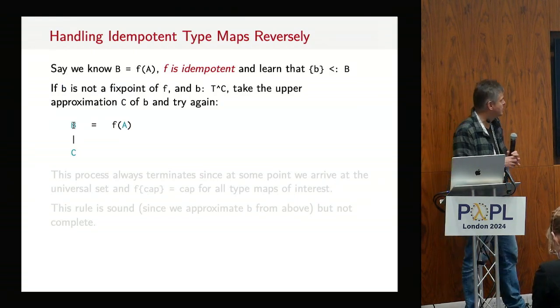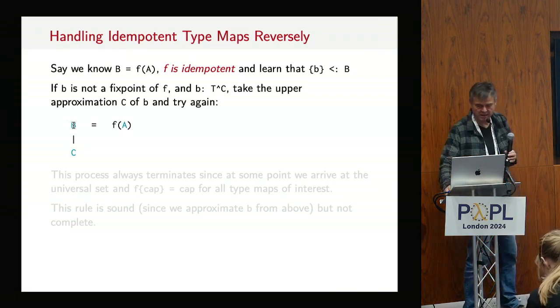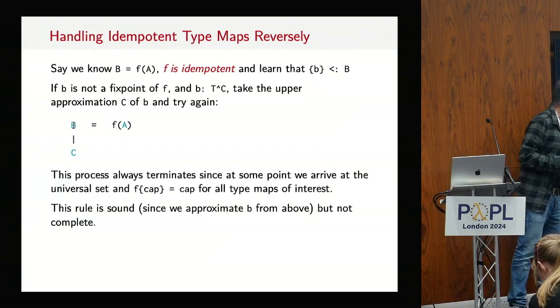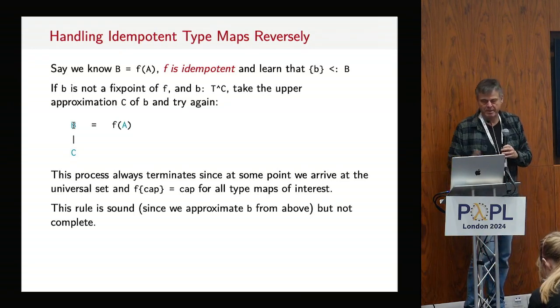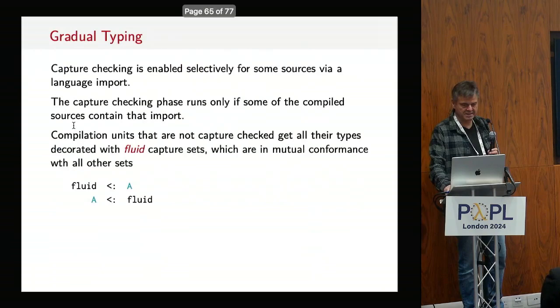So what we do in this case is we say, well, we don't know what we can put into the A to make this true, so let's make the capture set bigger. Let's look at the underlying type of the b and try again. And in the end, that will terminate, because at the end, everybody ends up at the universal capability, and all maps map to that. But it's not complete. But in practice, it seems to work fine.